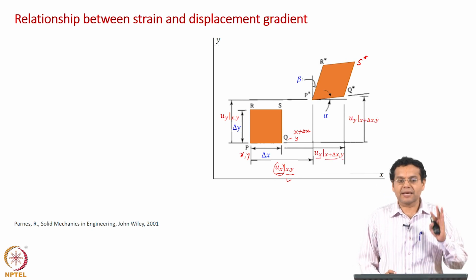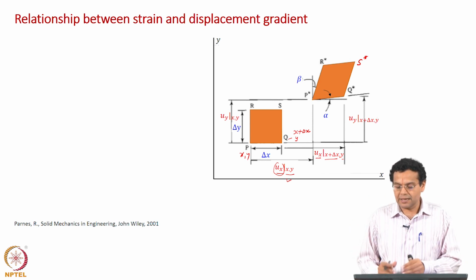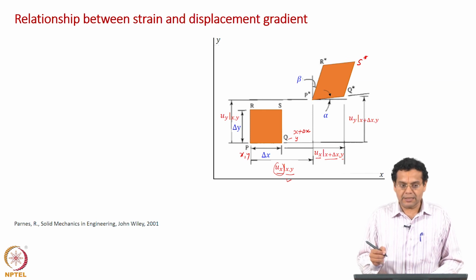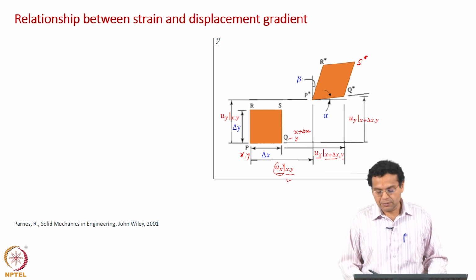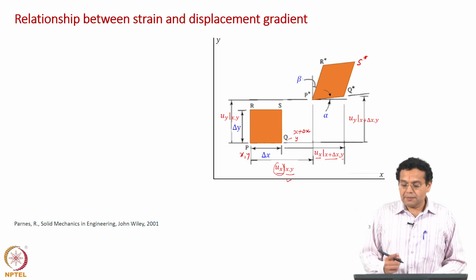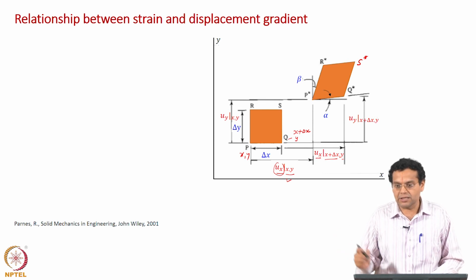Same as we had done for the control volume, one face is at x, the other face at x plus delta x. Similarly, here we look at 2 points: one tells you displacement at x comma y, the other at x plus delta x comma y. Now, P star and Q star have undergone vertical displacement also, but so far we focused only on the horizontal displacement.